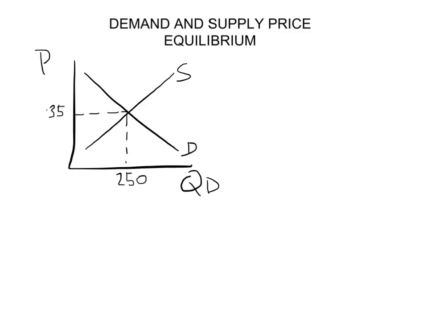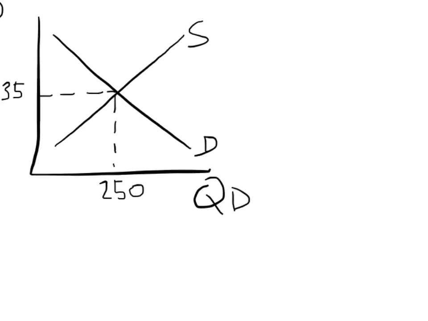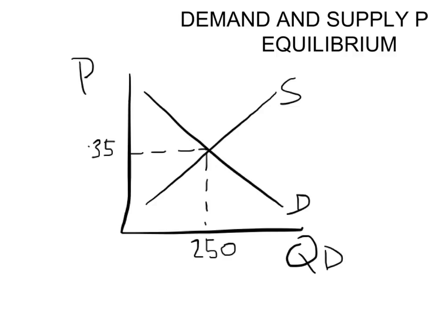Now what happens if we're the businessman selling the Mars bars and we think we want more than 35p for our Mars bars? Let's say we want 40p. This is the price, 40p. Remember, we are the business.